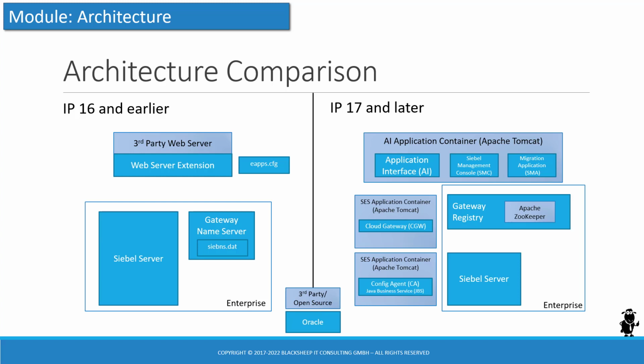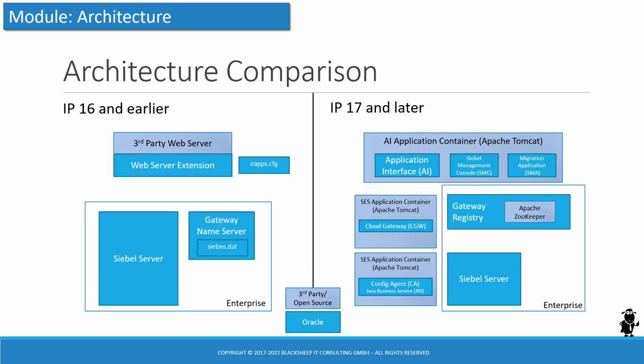So in IP16 and earlier, we have, for example, the aforementioned web server extension accompanying a third-party web server, forming the web tier of Siebel along with its configuration file, eapps.cfg, and we have the familiar site of one or more Siebel servers, forming an enterprise which is managed by a gateway name server, which keeps all the enterprise configuration in a proprietary file we know as siebns.dat. So this is the architecture you encounter in IP16 and earlier.